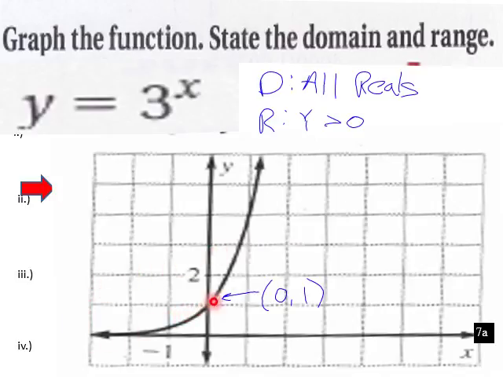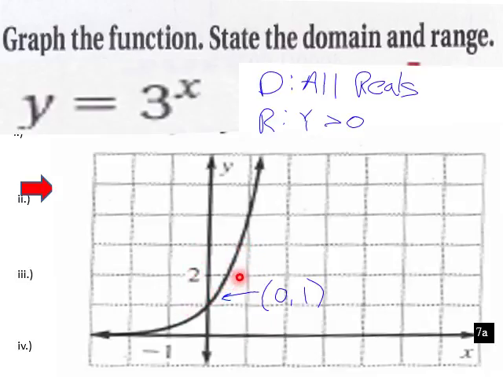Here is your function here. When x equals 0, y equals 1. That's here. When x equals 1, y equals 3, yes? See, they got this up here at 4. This graph should be more over here. When x equals 1, which I'm thinking is right here, y equals 3. This is 2, yes?